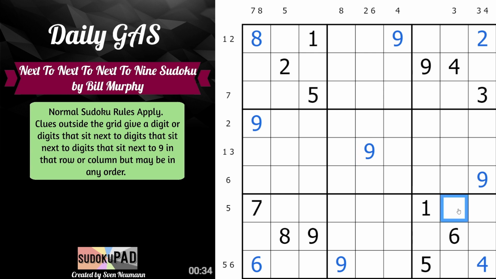By Sudoku, this is 9. Next to that is 5. Then next to that is 3. 9 by Sudoku. 9 next to that is 7.